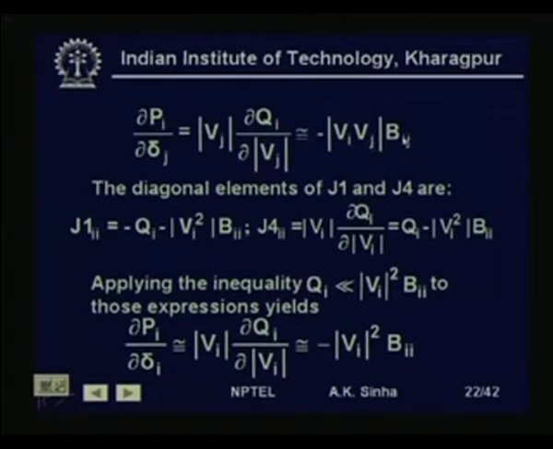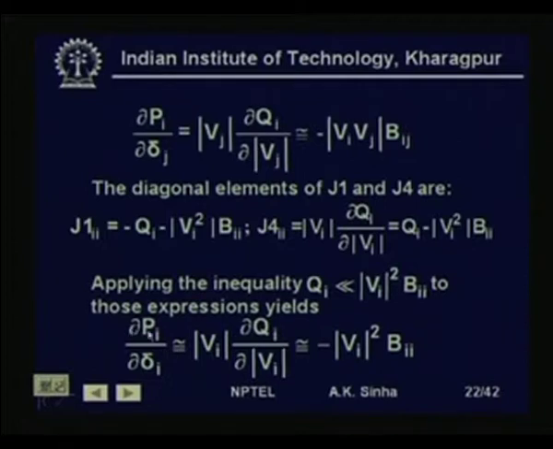minus Vi Vj Bij. The diagonal elements of J1 and J4 are J1 ii is equal to minus Qi minus Vi square Bii, and J4 ii is equal to Vi into del Qi by del Vi, which is equal to Qi minus Vi square Bii. So, if we see these elements, applying that Qi is much smaller than Vi square Bii, that means this term is much smaller than this term.